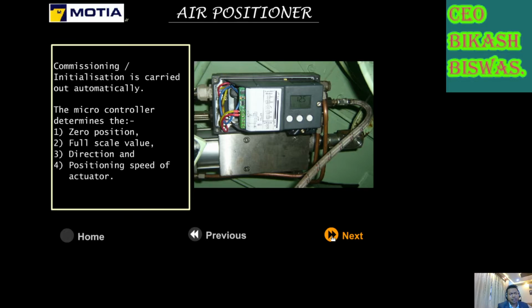You will get this data, or you can save it from the old IP positioner. Please write it down in your diary, and when you replace it, please put the exact value. There are some values it will ask during the course of the initialization.